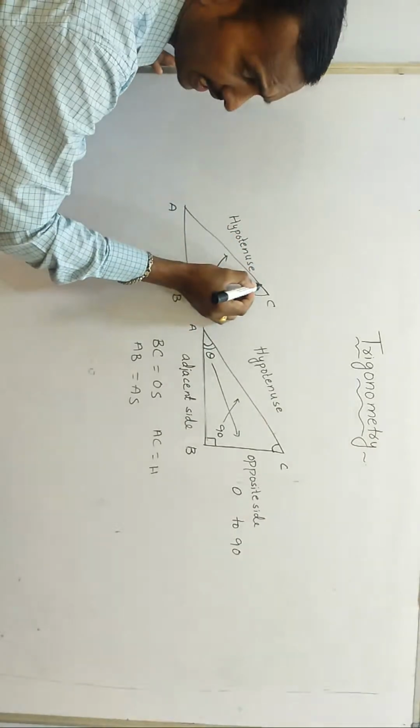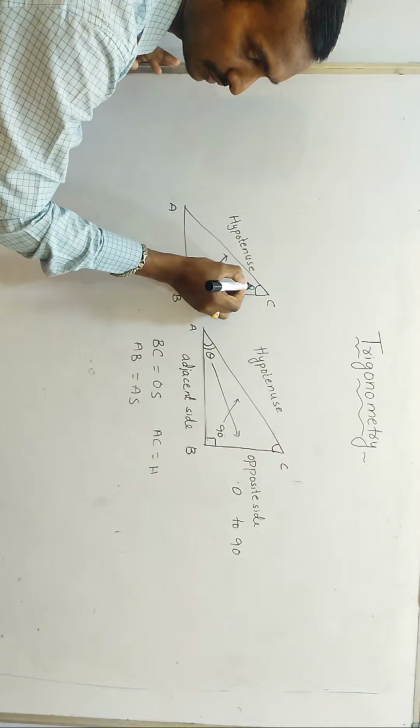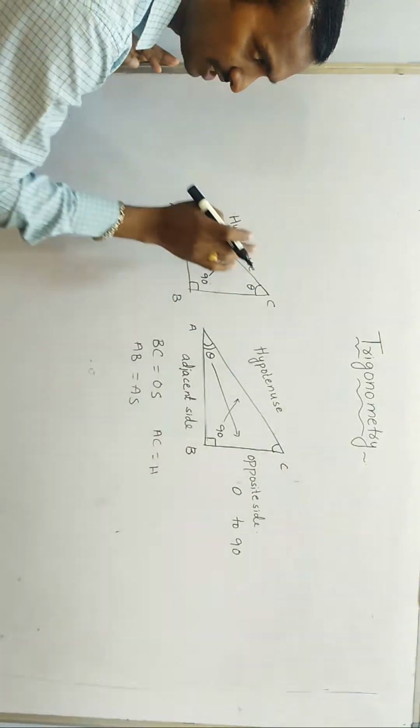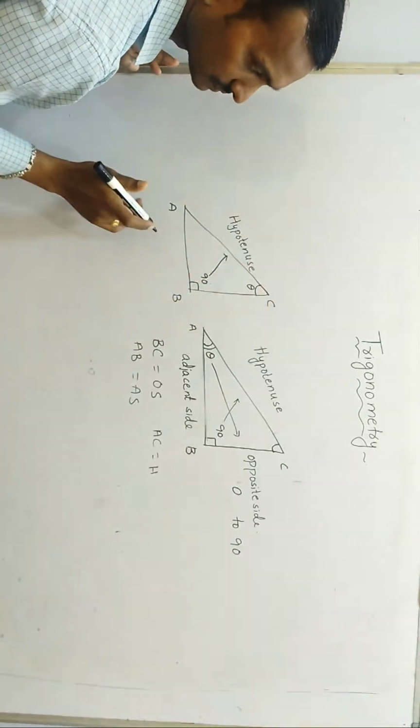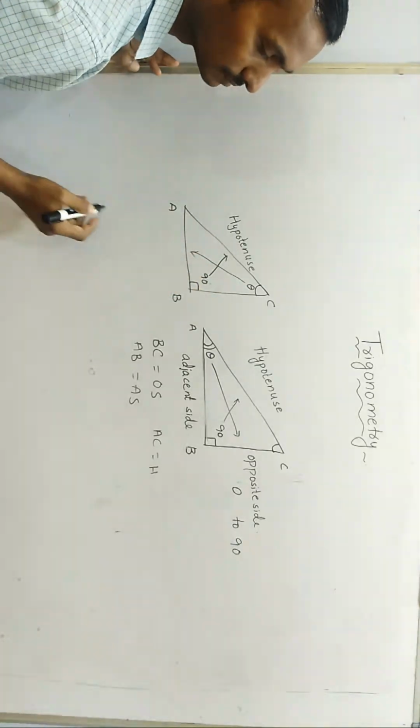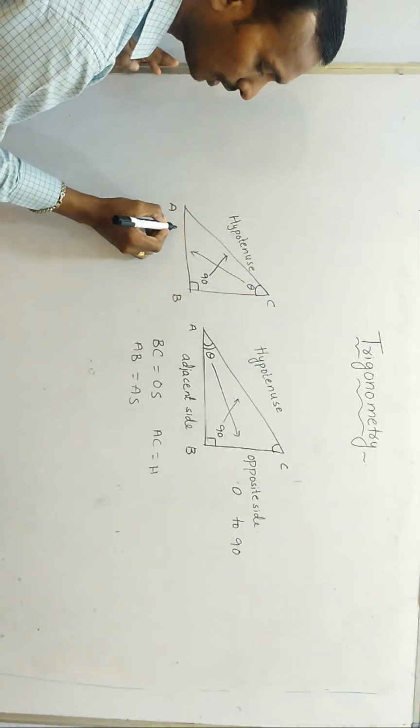For example, if the angle theta is here, if we are observing from C, the observation point from C, the side which is opposite to angle theta is called the opposite side.